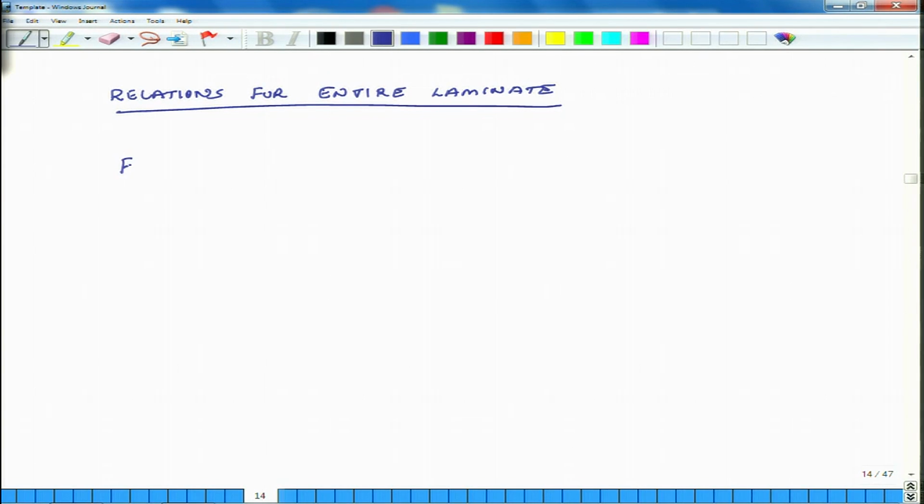One is called force resultant. Okay. And there are 3 types of force resultants, Nx, Ny and Nxy. So, what is a force resultant?